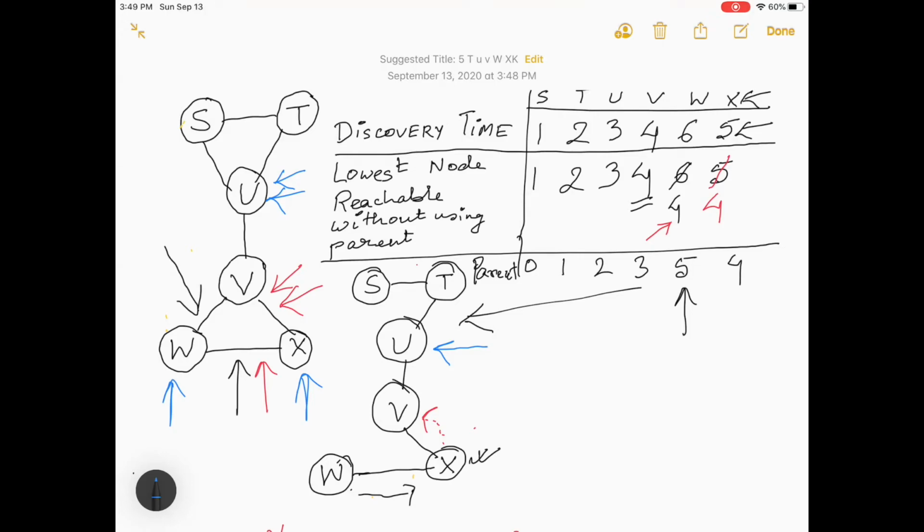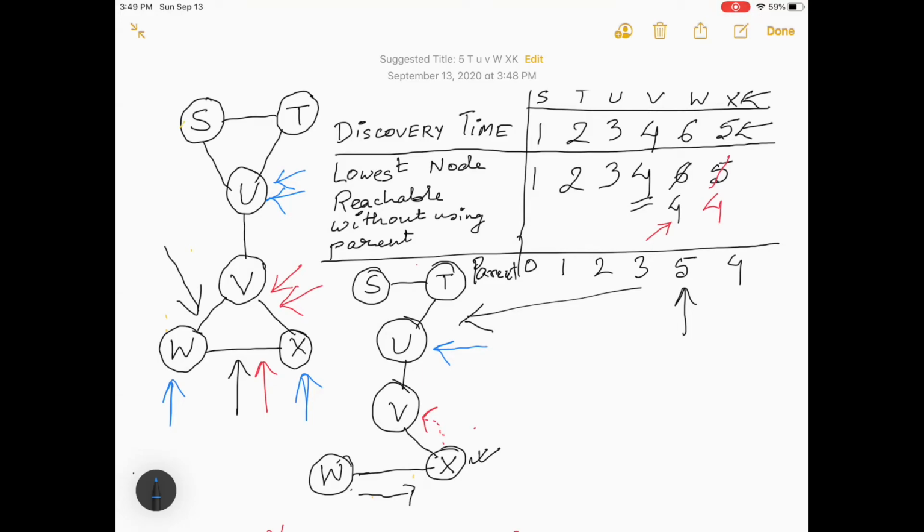So I won't take into consideration the edge between U and V, because according to the algorithm, while computing the earliest discovered node reachable, we are discounting that back edge.